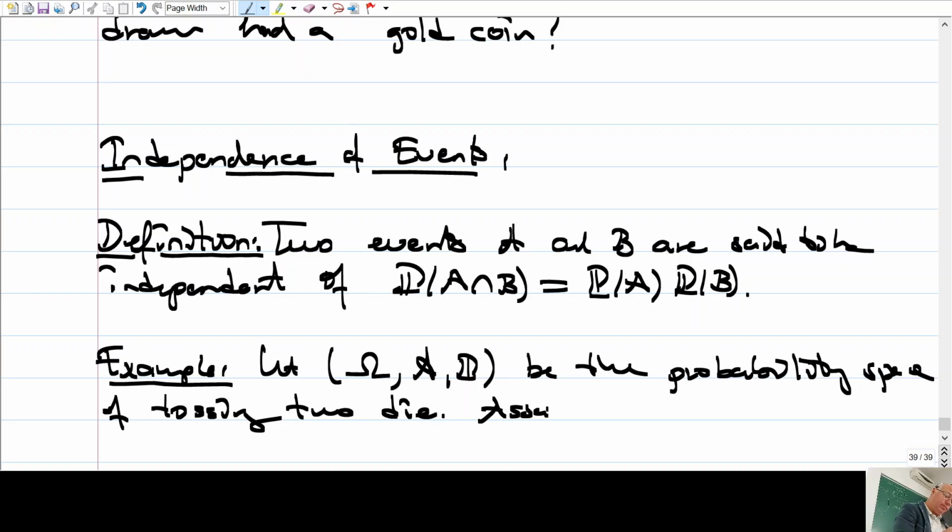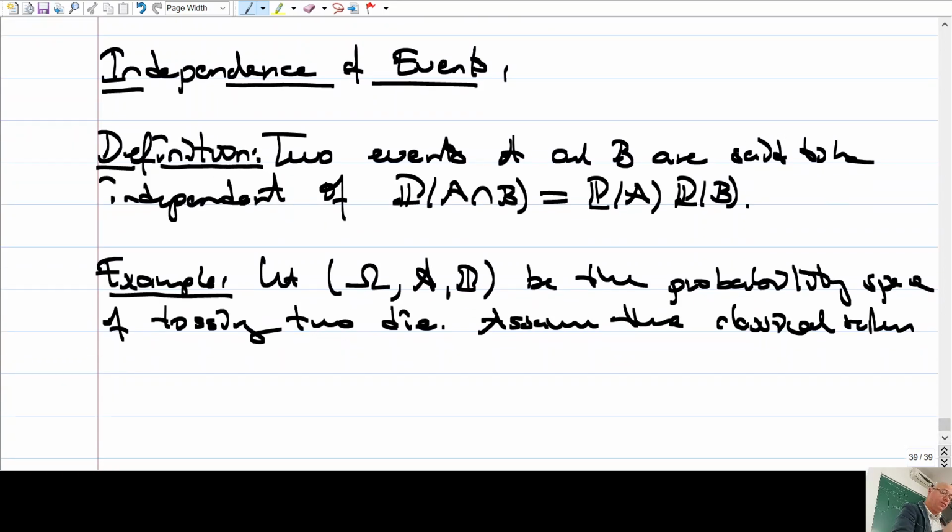Assume the classical scheme, so each face has equal probability.